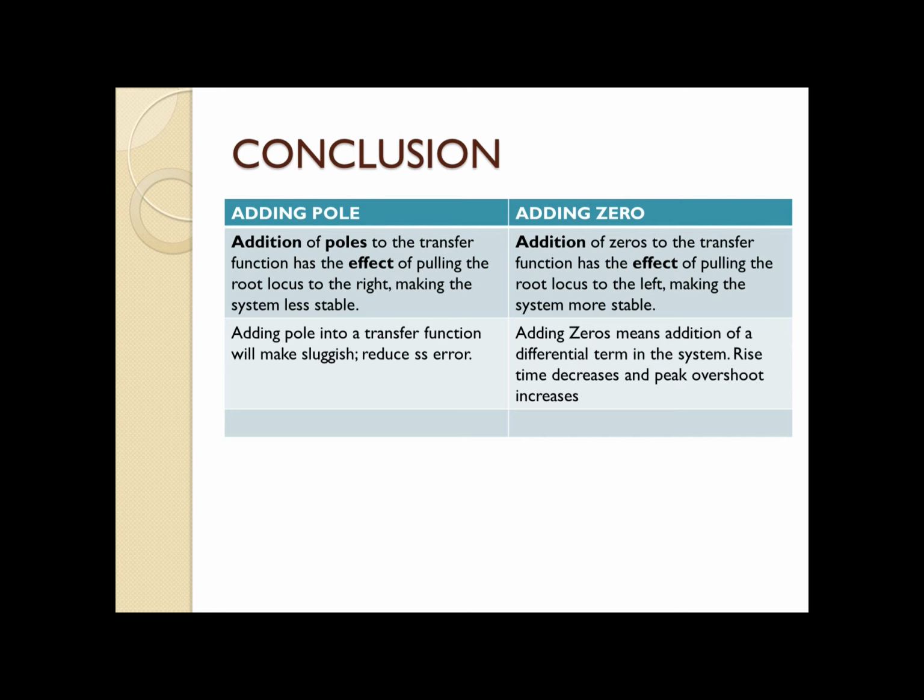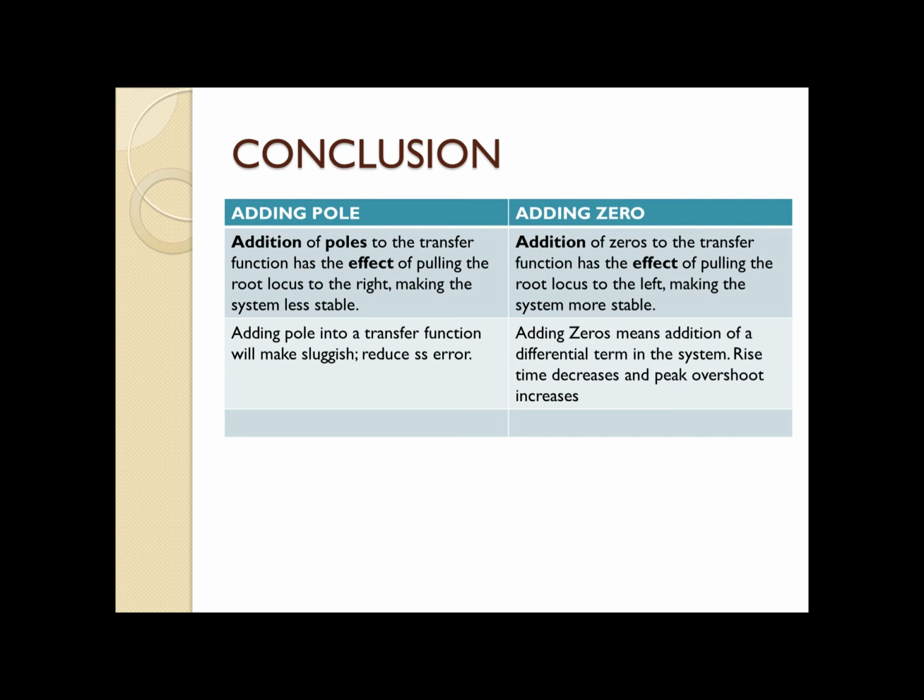And it also reduces the steady state error, because we know the pole is the denominator part, and when we are adding a pole, that means the integration part is increasing, and for the integrator part the steady state error is reduced. Whereas if we add a zero to the system, that means the differential term in the system is increased.